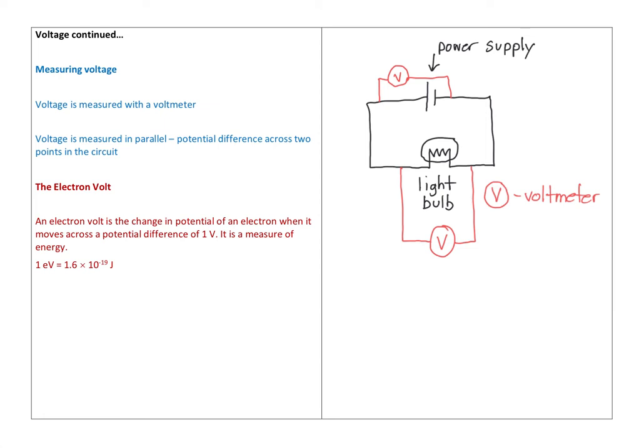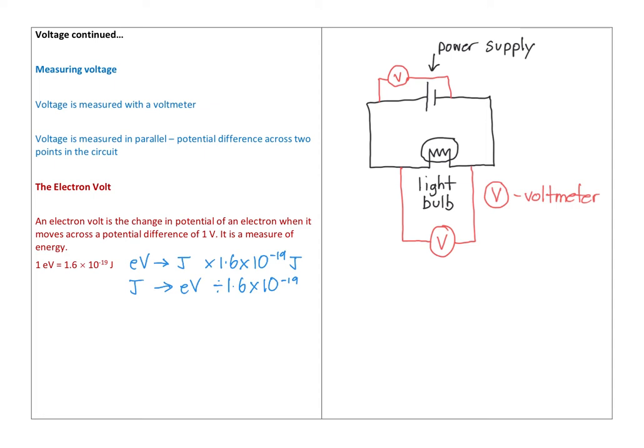electron volts into joules, you multiply by 1.6 times 10 to the minus 19. If you want to go from joules to electron volts, you divide by 1.6 times 10 to the minus 19.